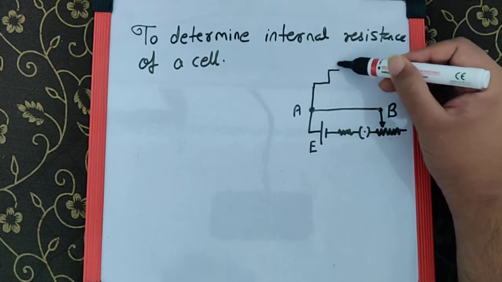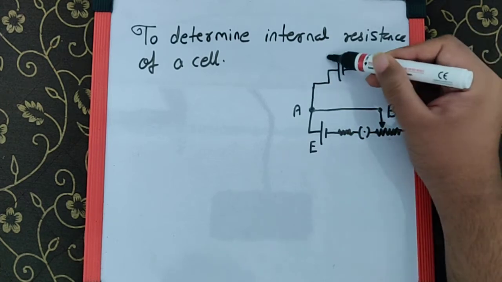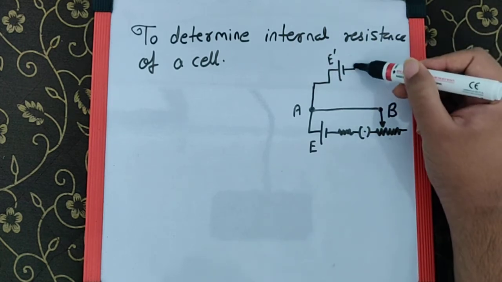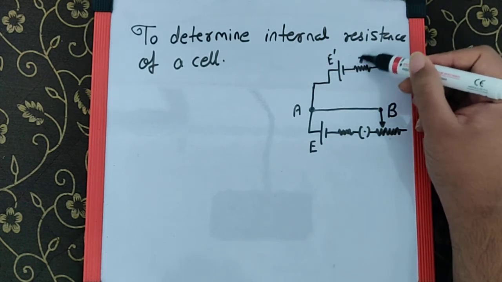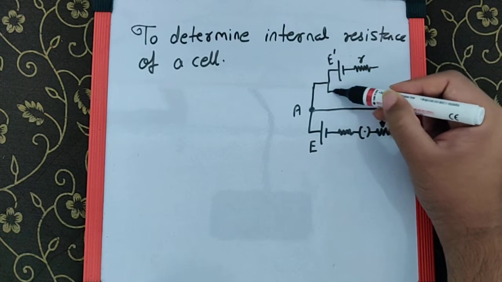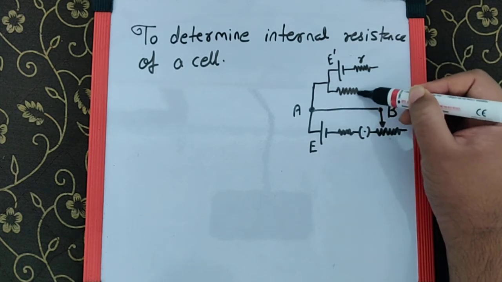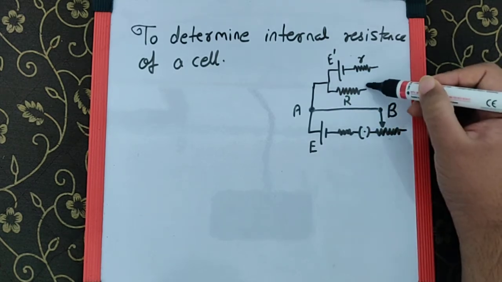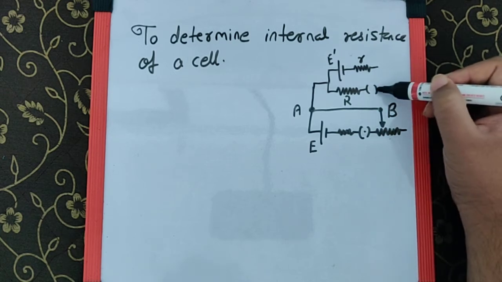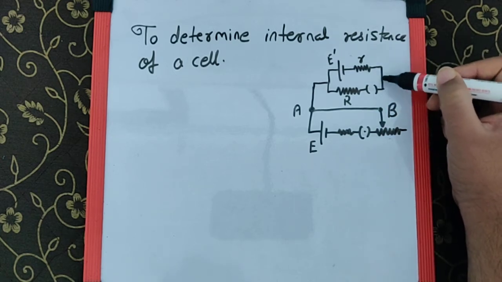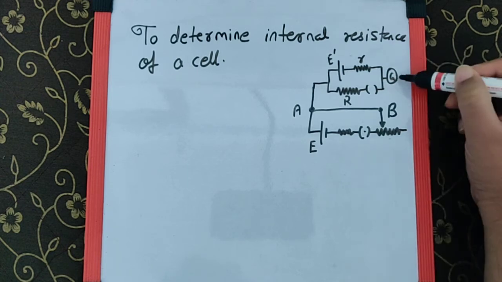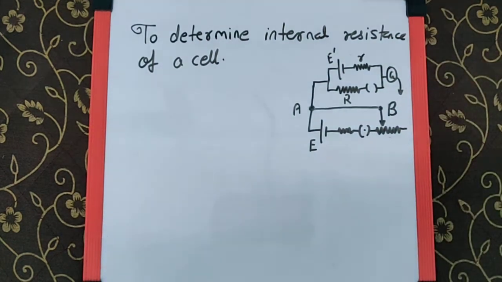Here we connect the battery, say E dash, having internal resistance r. Along with that, I connect an external resistance capital R with a key, then to a galvanometer and a jockey.